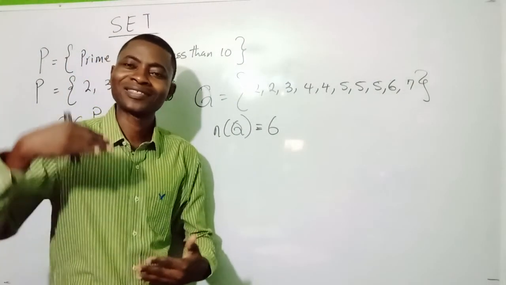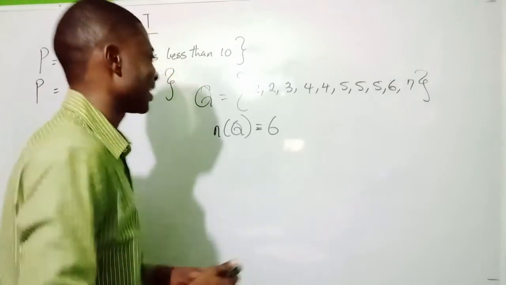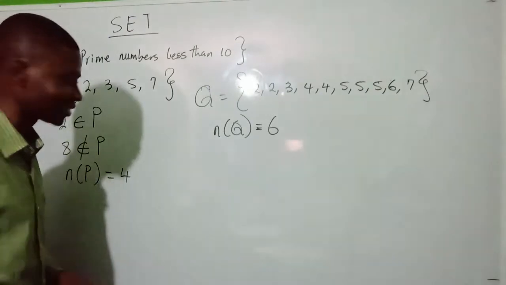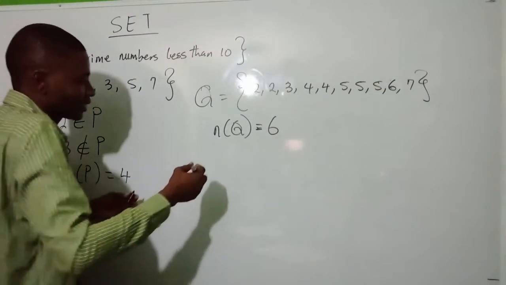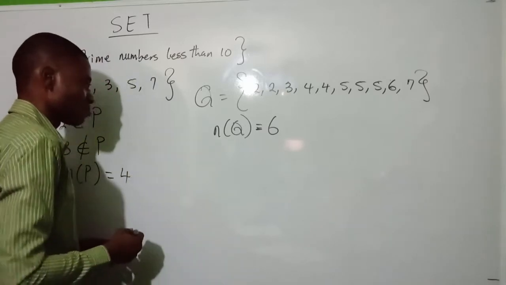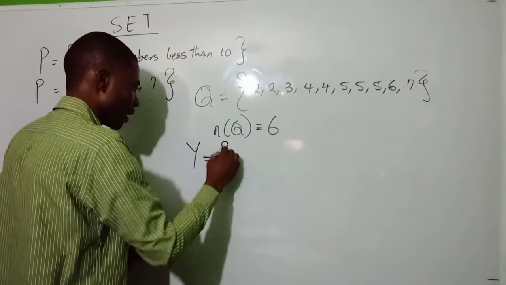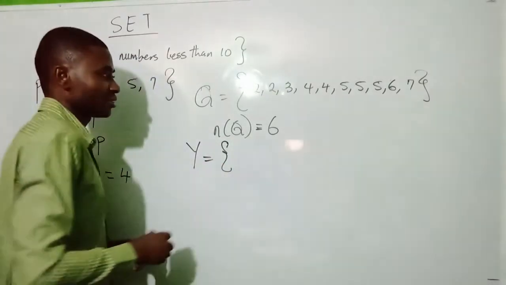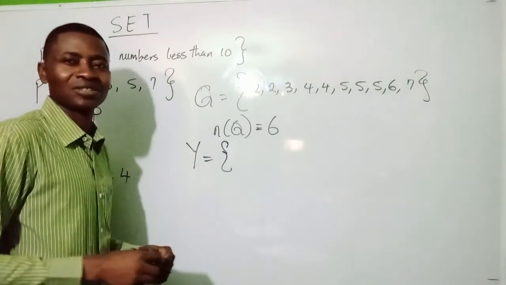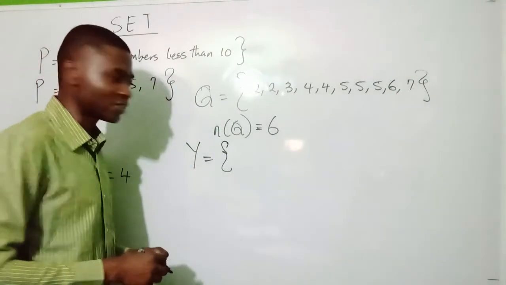Now, under set notation, there are other things we need to know. Sometimes we talk about a subset. How do you write that? What do we mean? For instance, I have a set like this. Let me use Y now. Let's say Y contains all the integers less than or equal to 15.